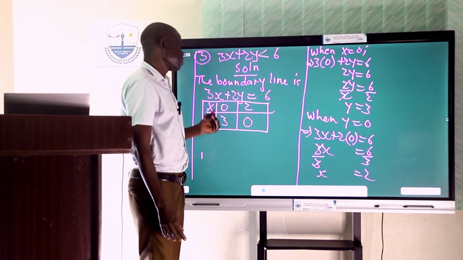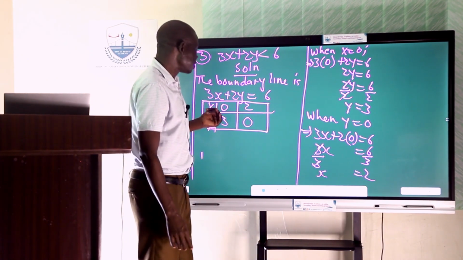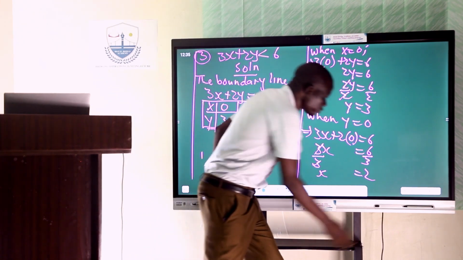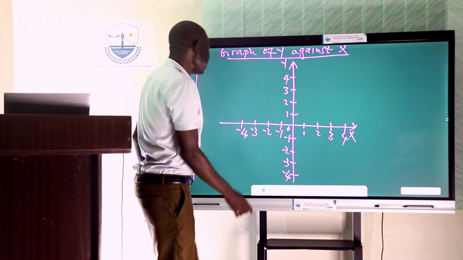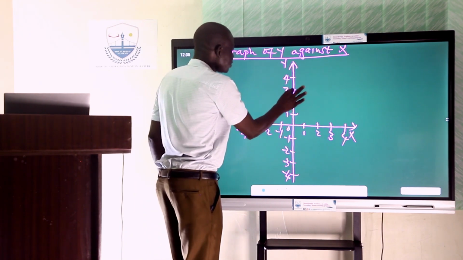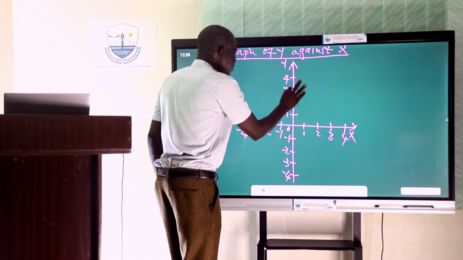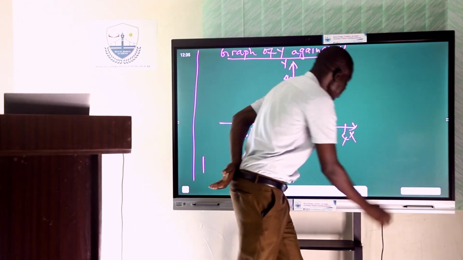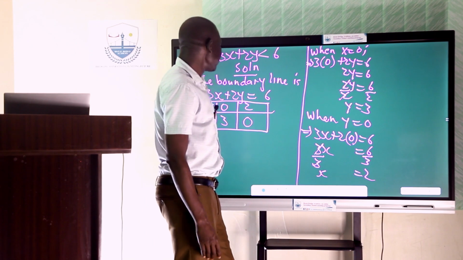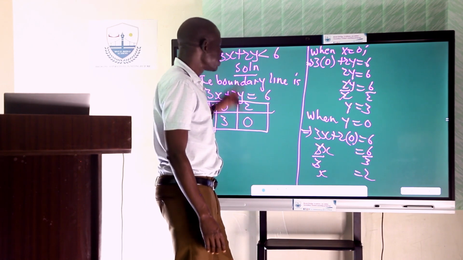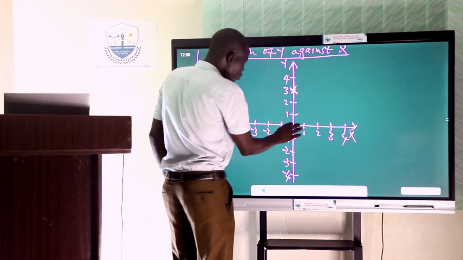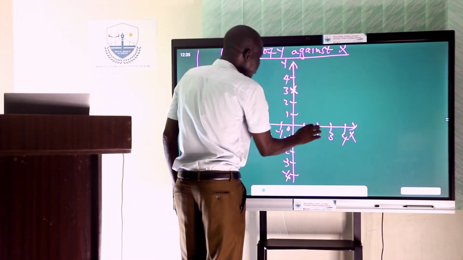Going back to our table, when x is 0, y is 3. So our point will be here. We continue. When x is 2, y is 0.